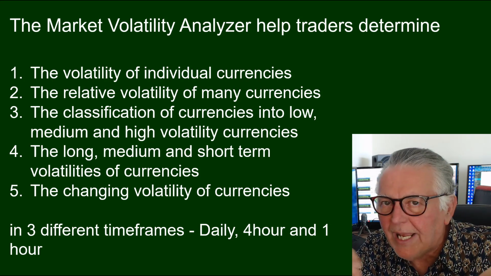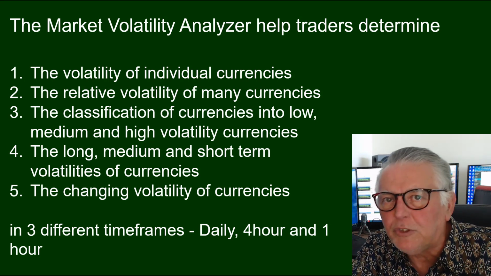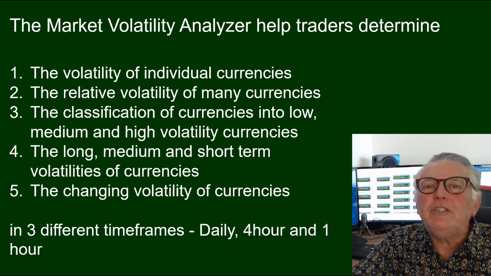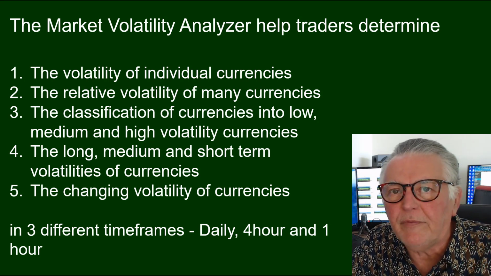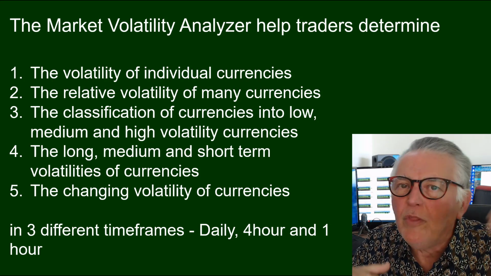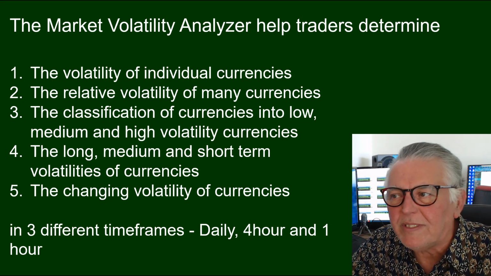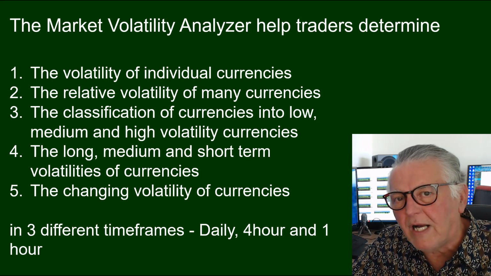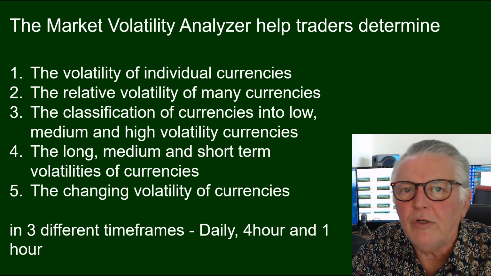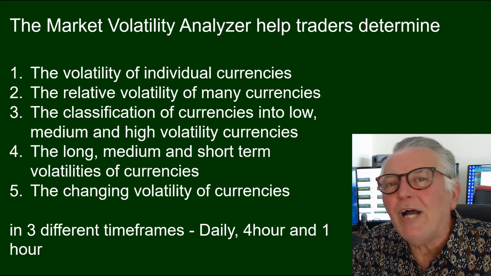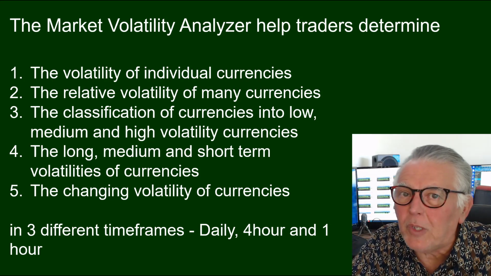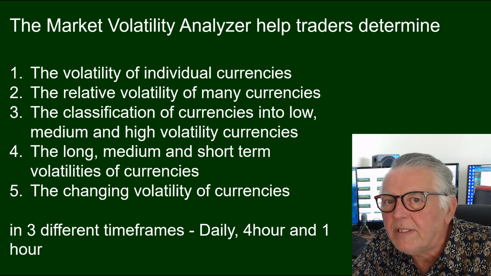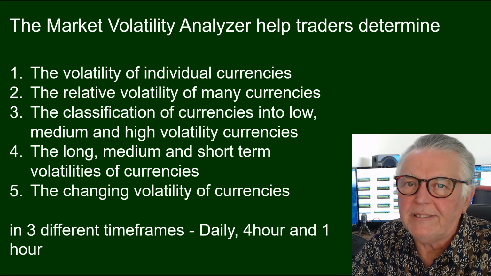Then you can determine the relative volatility of currencies by comparing one currency's volatility with another. So you can start saying, that's a high volatility currency and that's a low volatility currency. That allows you to classify your currencies into high volatility, medium volatility, and low volatility currencies.